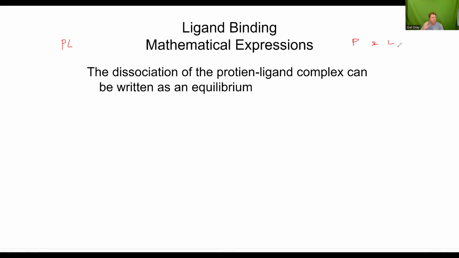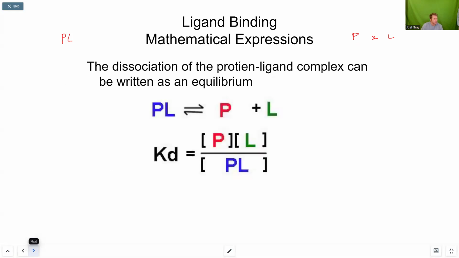Okay, so with respect to equilibrium expressions, we always want to think about our product and our reactants. We can write a protein-ligand complex as an equilibrium expression as well. We're using PL as our product, and free protein and free ligand as our reactants.